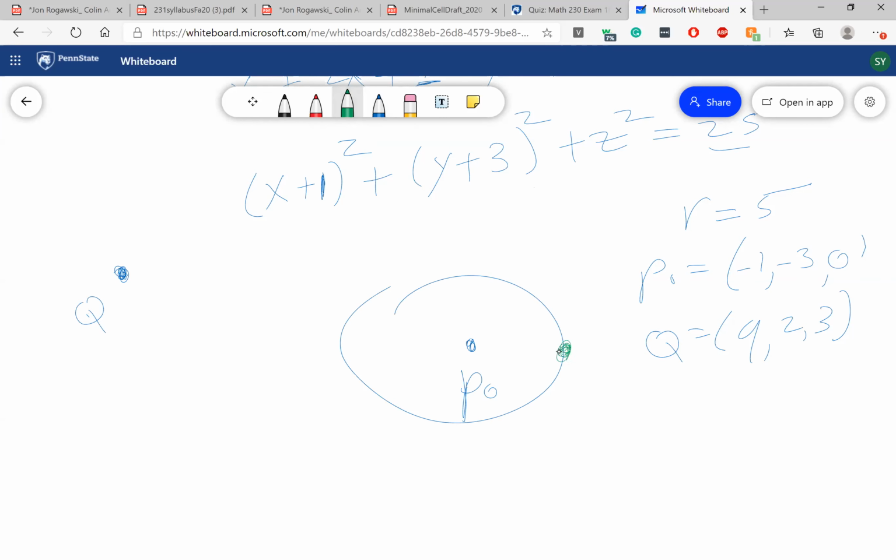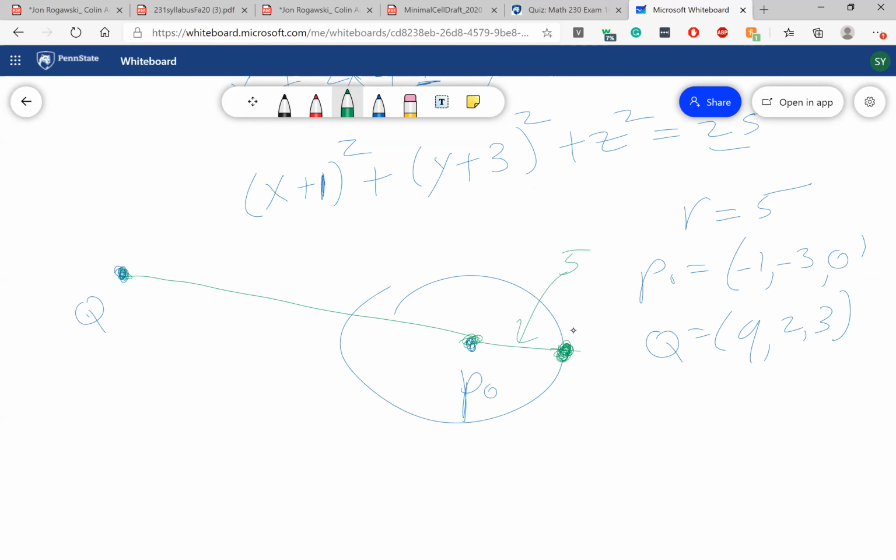So we want to find this point over here. Well, we can find the distance from this point to this point, and then add the radius of the sphere, which we know is 5. And then we would find the distance, right? So far, is that okay?